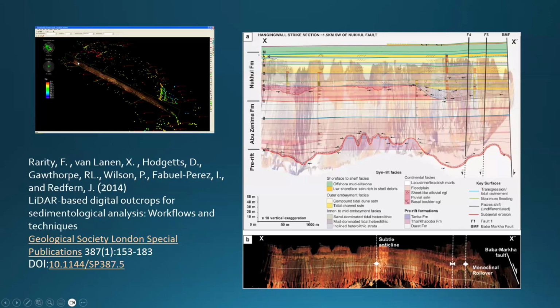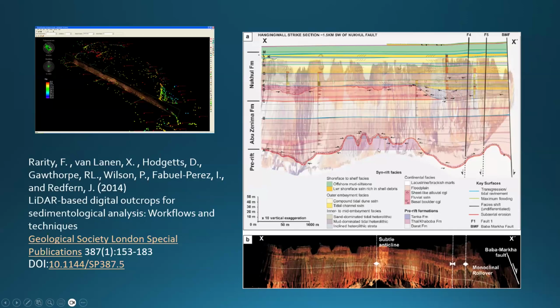But an orthographic projection removes the effect of perspective from the data, and it allows you to make accurate measurements off a 2D panel. We can tie in measured sections and then do deterministic correlations between those measured sections.